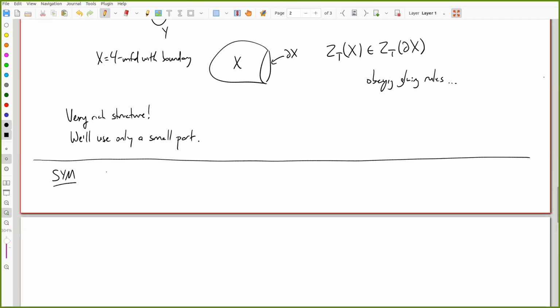What's the data? A compact Lie group G, and a finite dimensional complex representation of G.